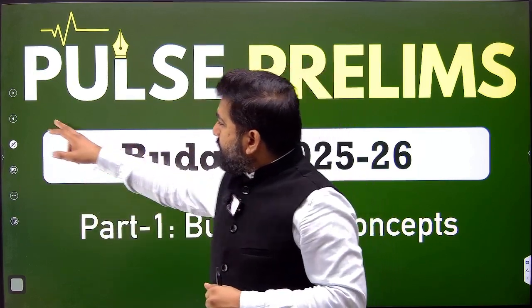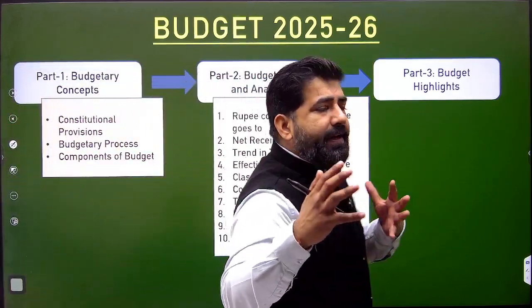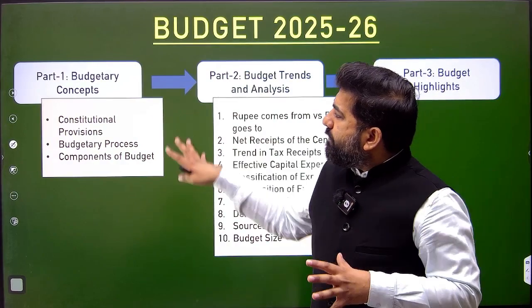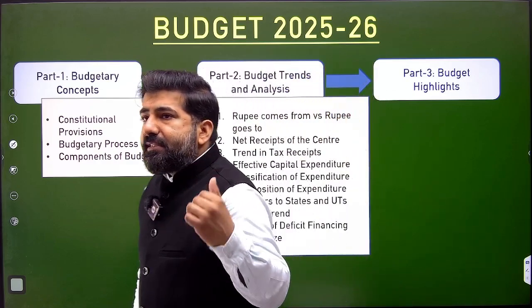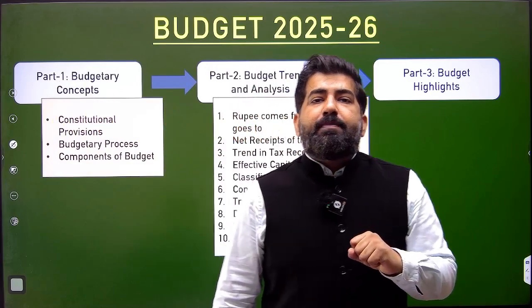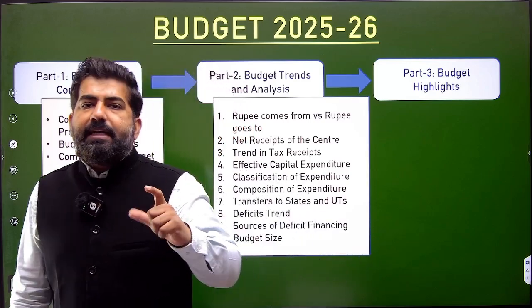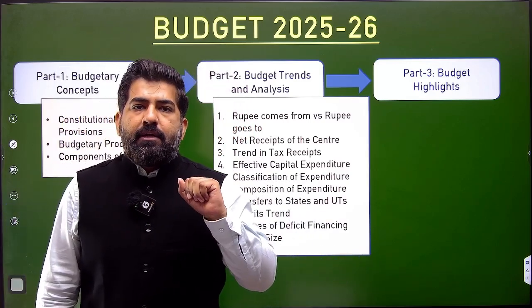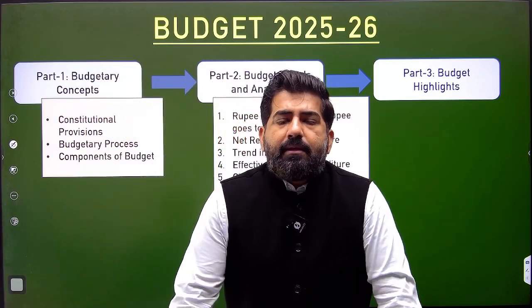We will be looking at budget analysis in 3 different parts. The first part is about the budgetary concepts, in which I'll be discussing the constitutional provisions, the formulation of the budget itself, and small nitty-gritties like demand for grants and appropriation bill. There has been a question on appropriation bill.